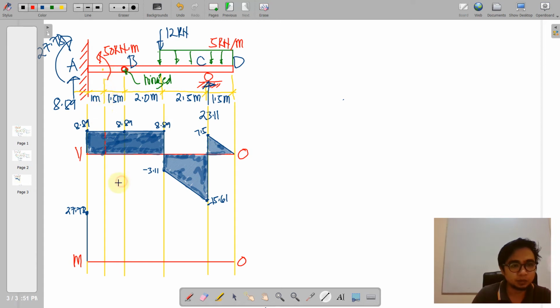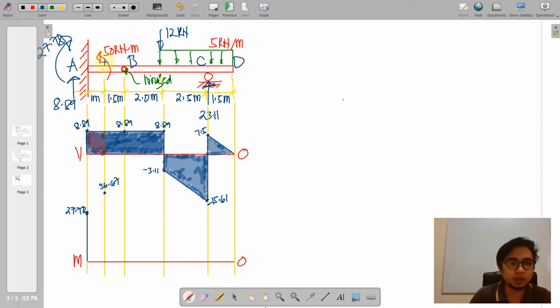So this area is 1 by 8.89. So 27.78 plus 8.89, we have positive 36.67.